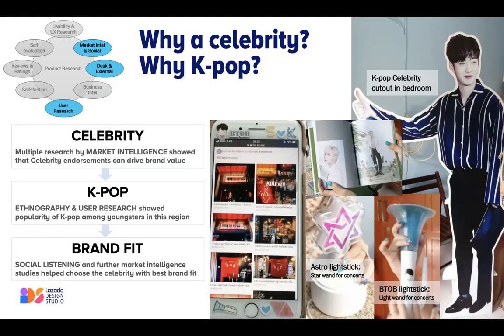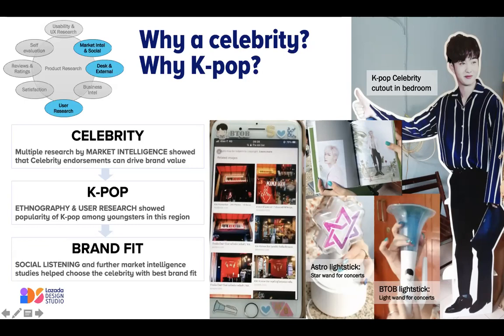I may know some things, but I'm not somebody who will listen to it or go to concerts. So I was thinking that maybe it's just the young females who are interested. But when we did the research and asked around, we saw that even young males were very much interested and were very much fans of K-pop.